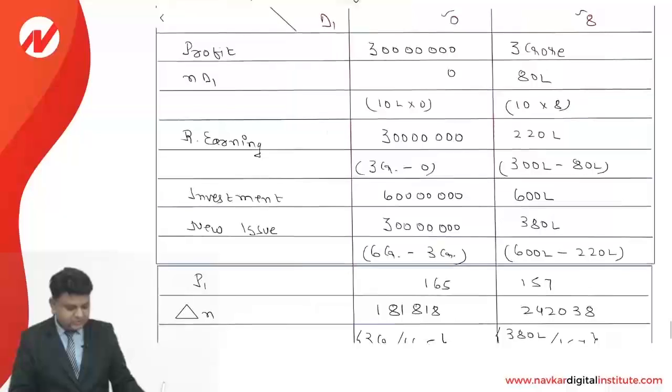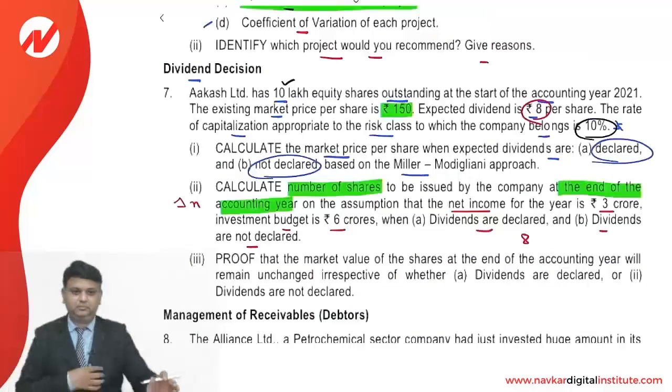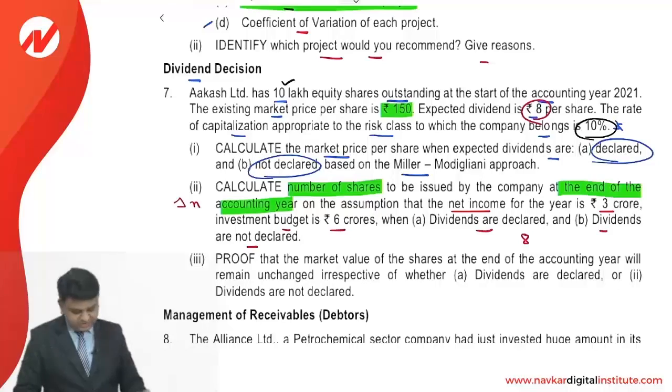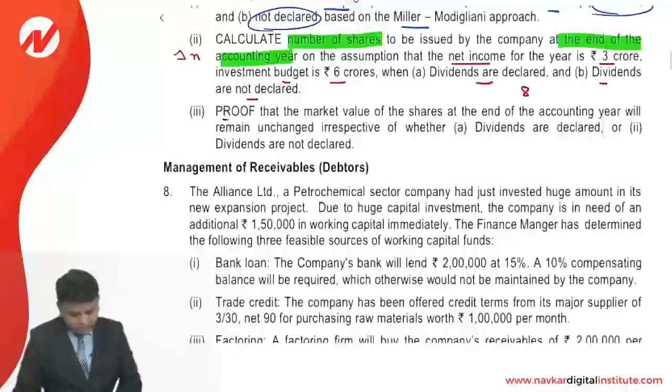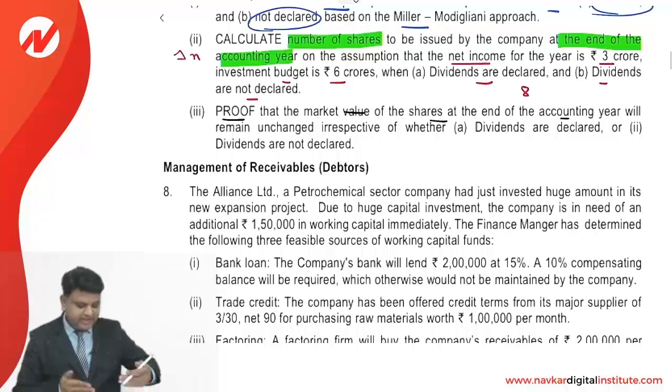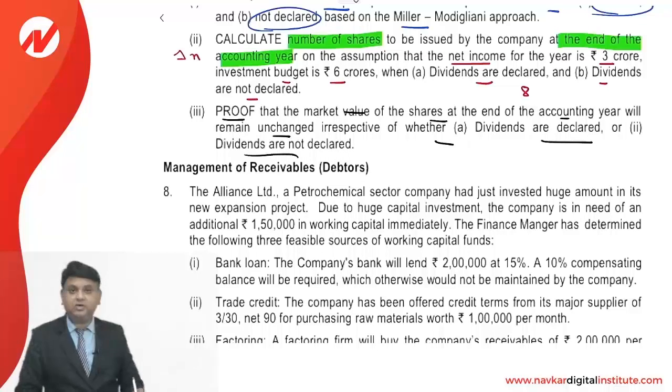This is the way the number of shares to be issued will be calculated. Third question is proof that the market value of the shares at the end of the accounting year will remain unchanged irrespective whether dividends are declared or dividends are not declared.